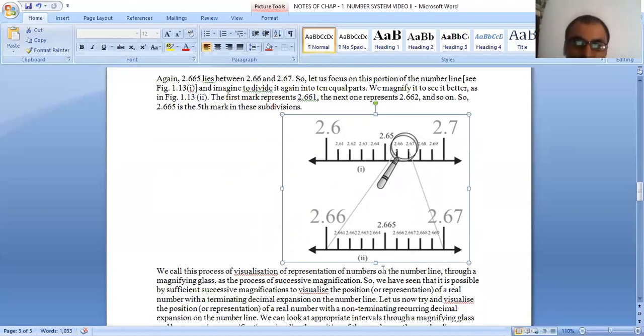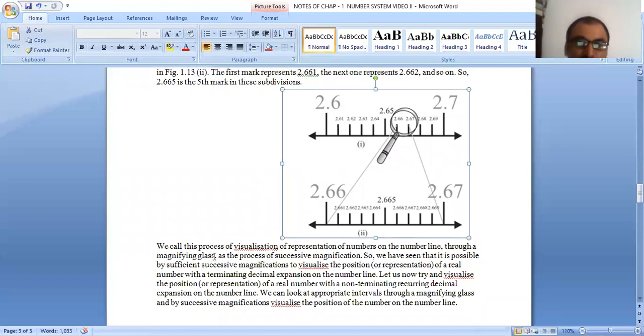All have understood? Now we call this process of visualization of the presentation of numbers on the number line through a magnifying glass the process of successive magnification. So we have seen that it is possible, by sufficient successive magnifications, to visualize the position or representation of a real number with a terminating decimal expansion on the number line.